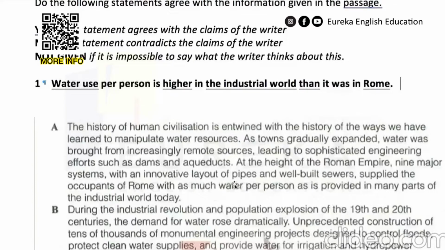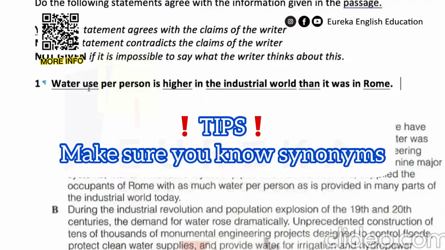today. If you notice this sentence, you can see some of the keywords that we underlined in the question before are in this particular sentence. You see, it talks about the use of water here, right? Like supply of water. I think that's similar to water use. And always remember in IELTS, always pay attention to synonym use.